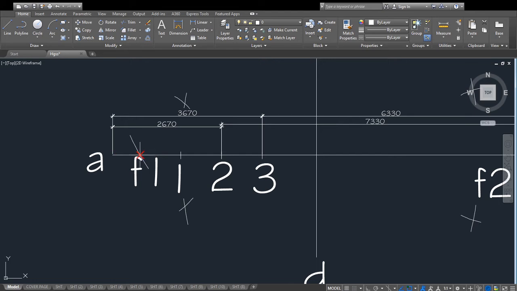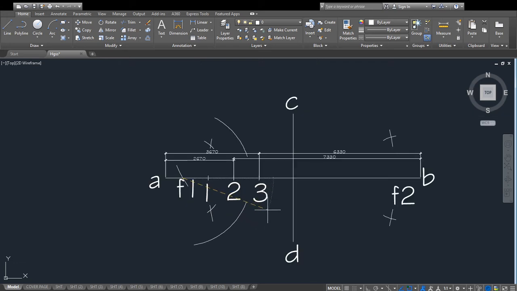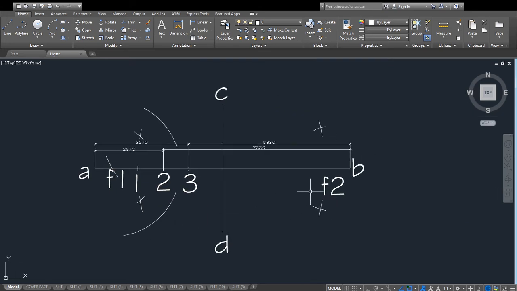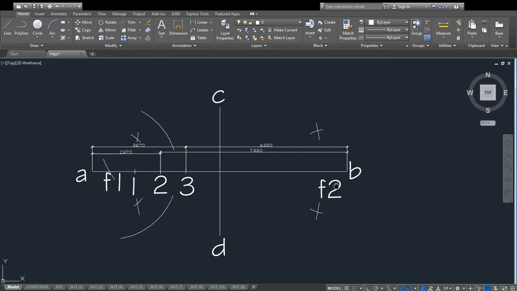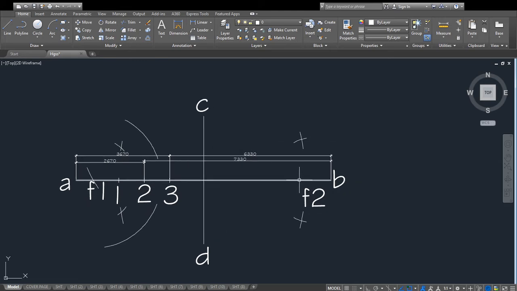Pick our arc, come to F2 with the radius of 2670. Okay, we have this arc. Come to F2 with the radius of 2670. We have this arc. What happened to my F2 here?